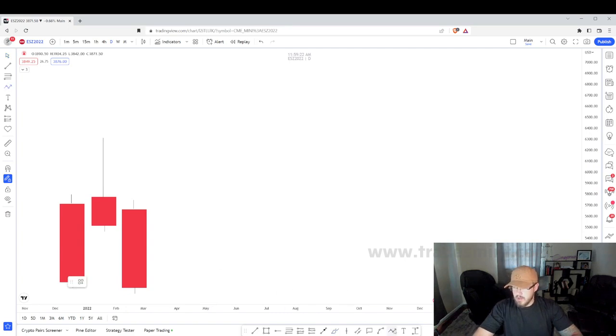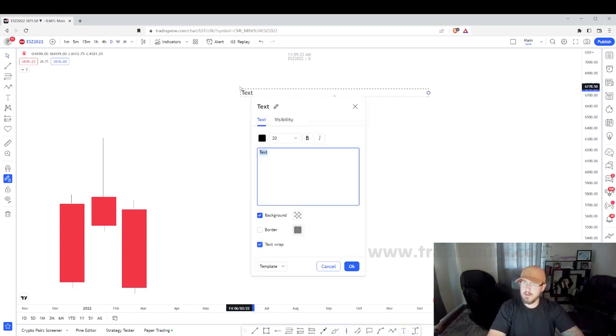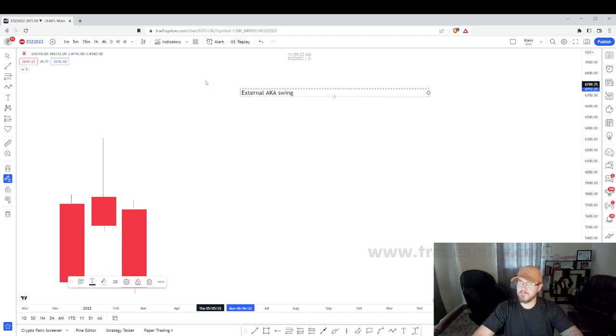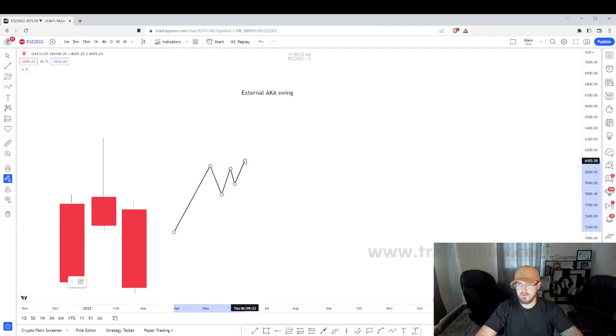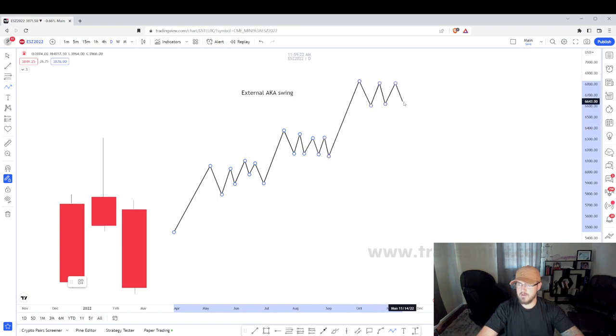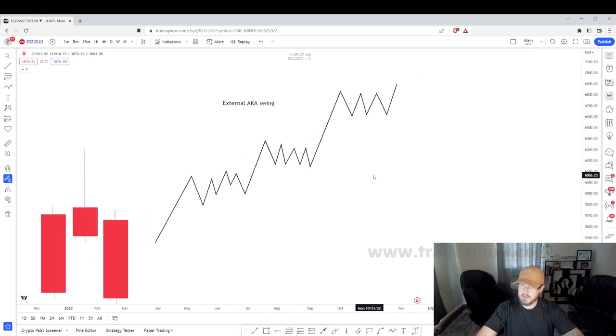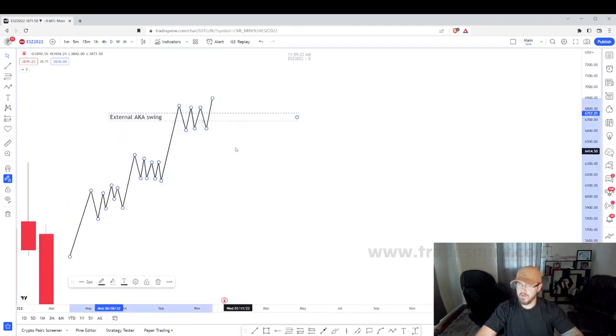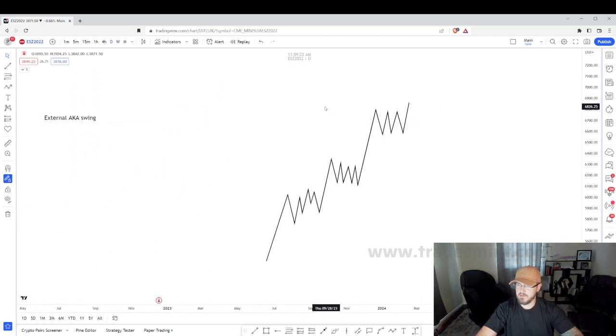So we have two different types of structure that we're going to be focusing on. The first is going to be external, and this is also known as swing structure. Whenever we're talking about price, and we have these large moves, let's do this over here.